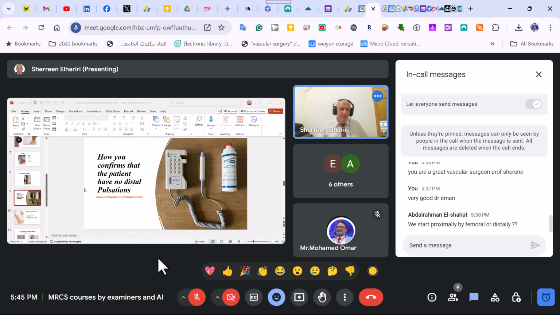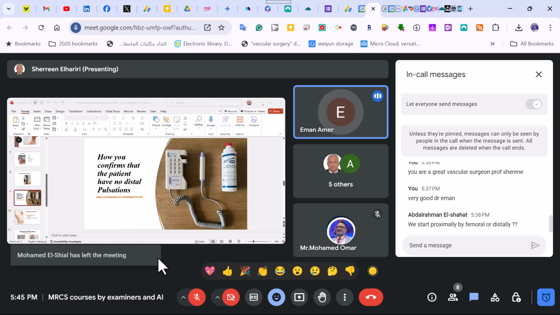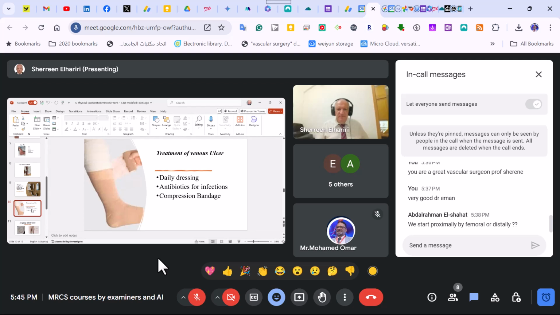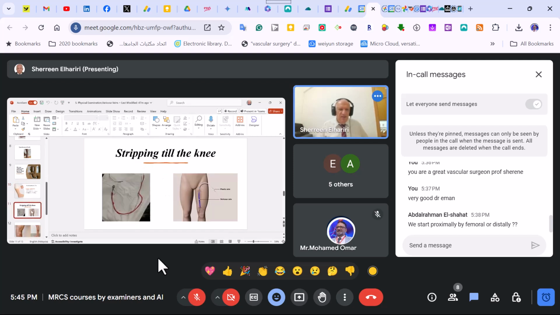What else? Drugs for strengthening the wall of the veins. Like what? I know the generic name. Daflon. What is the generic name? Daflon is diosmin, 500 milligram. So Daflon is diosmin, no problem.